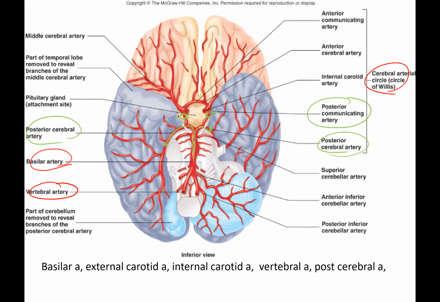Another major blood supply to the circle of Willis is the internal carotids. They come in right there, and they're going to start to supply the anterior part of the brain. So the vertebral artery is a major highway system that supplies the middle of the brain and all the posterior stuff.